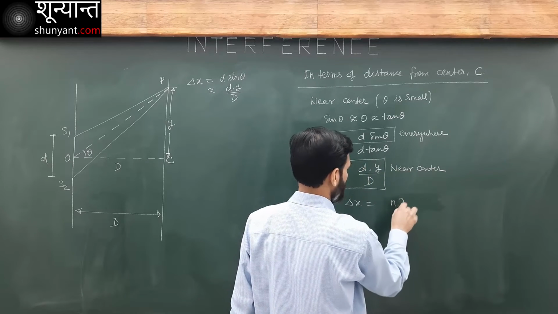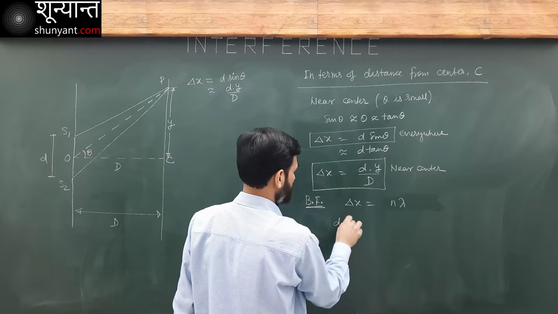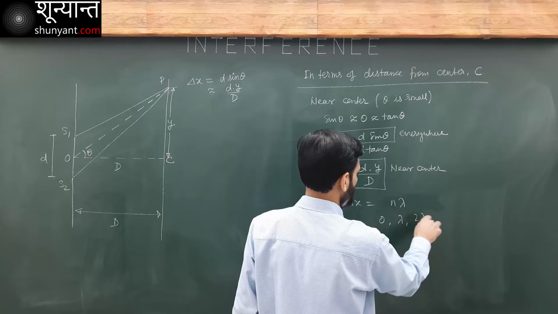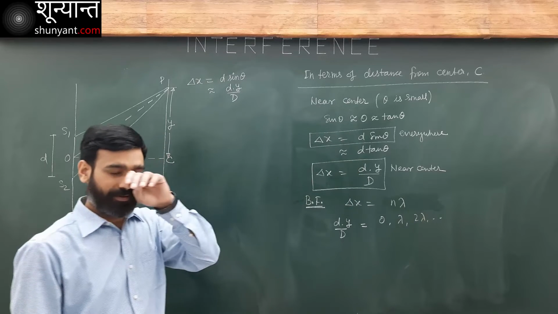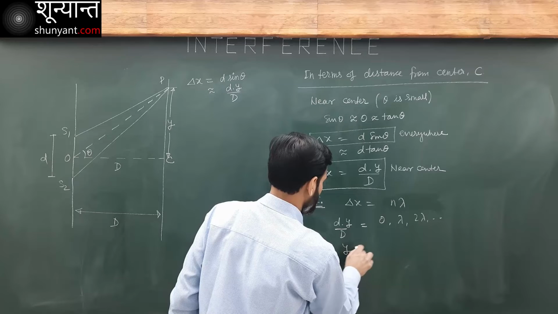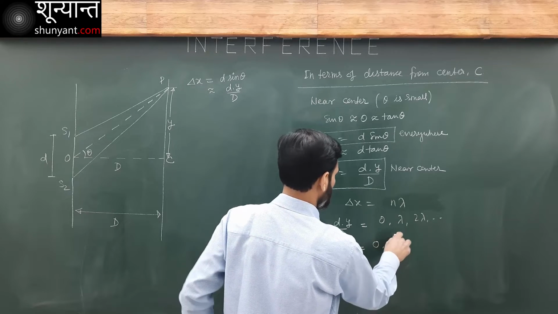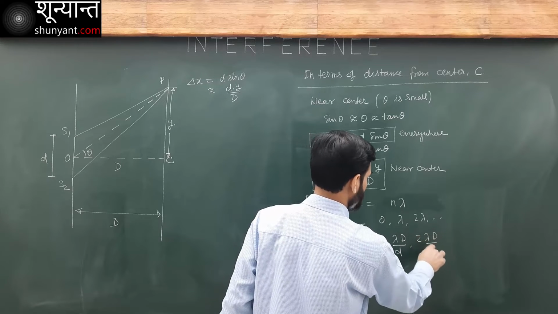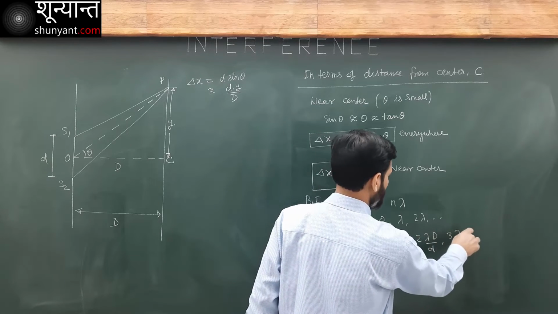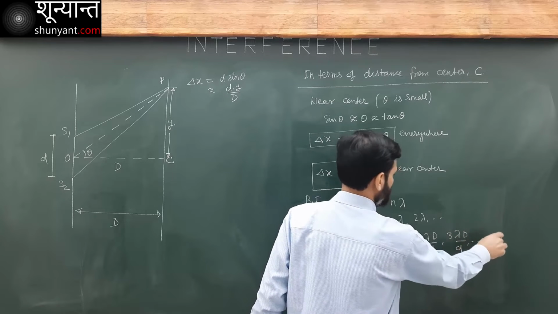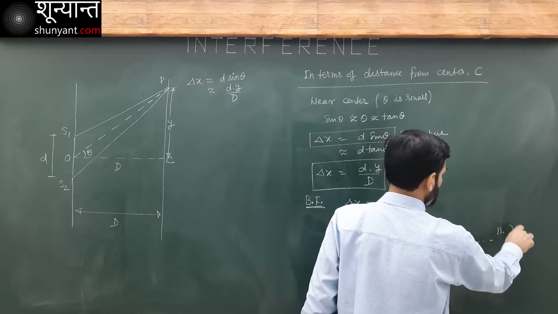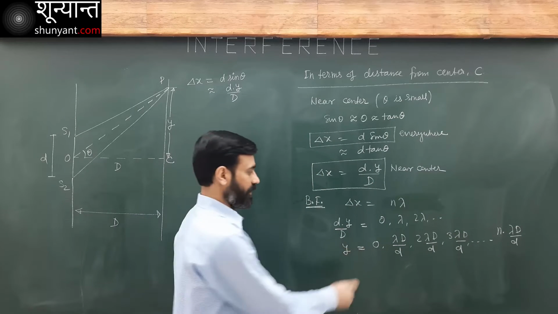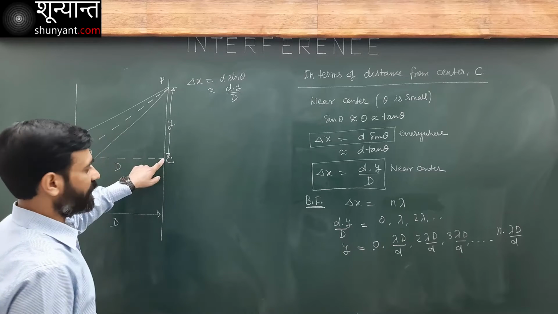So y times D over d is equal to 0, lambda, 2 lambda, and so on. So y is equal to 0, lambda D over d, 2 times lambda D over d, 3 times lambda D over d, like n times lambda D over d. This becomes the central bright fringe.